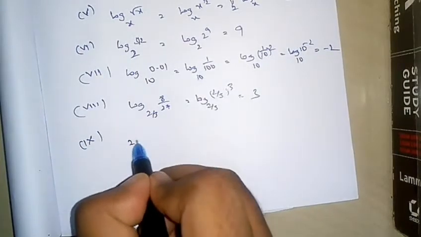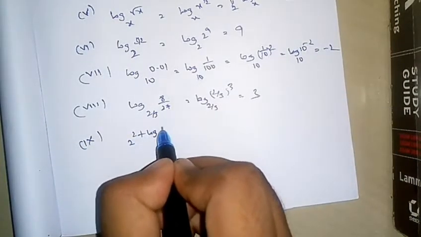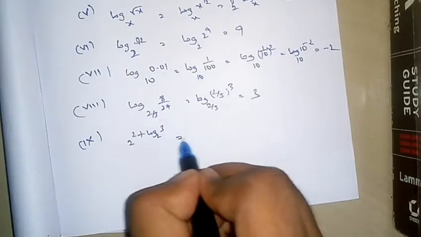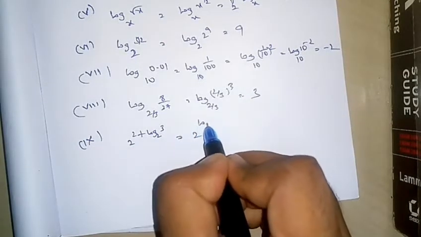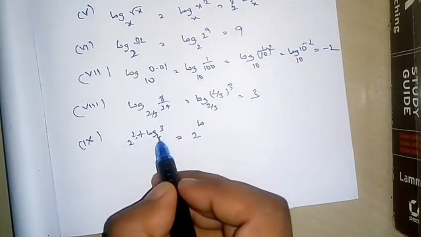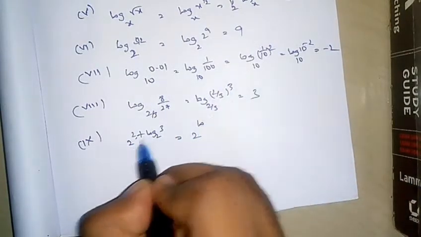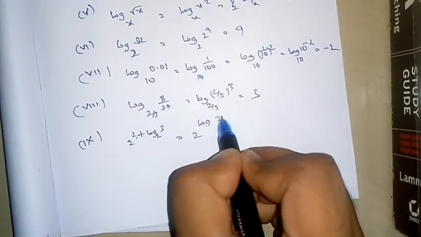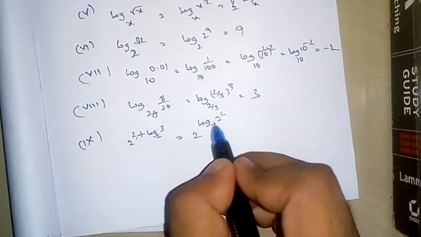Ninth question, 2 power 2 plus log 3 base 2. You can write the 2 as log 2 power 2 base 2, which is equal to 2.